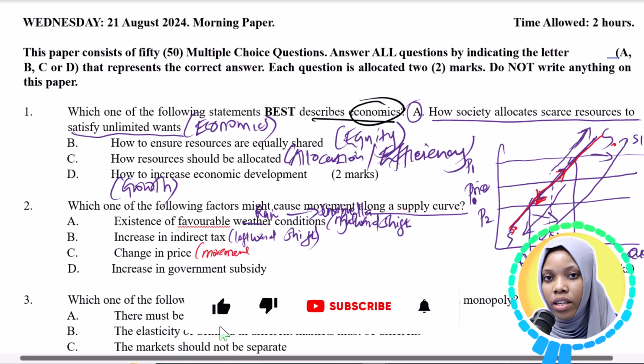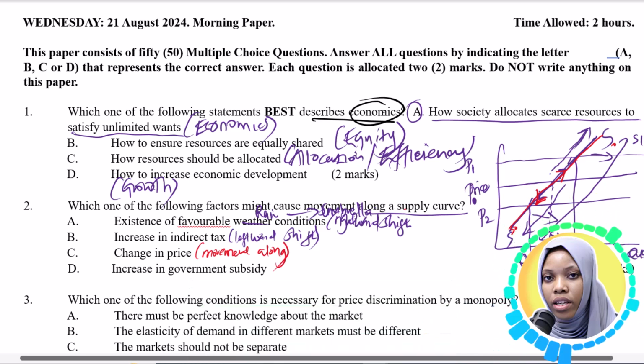And an increase in government subsidy leads to a rightward shift in the supply curve also.